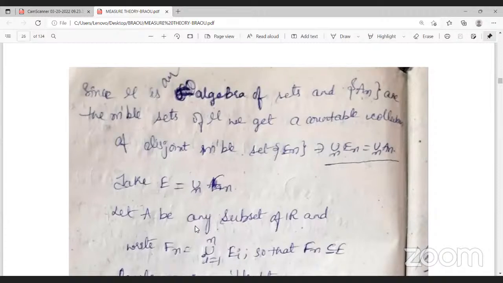Finite means M of E1 is less than infinity, that is, the measure of especially the E1 set is finite. Are you writing? Yes, sir. Just write it roughly, prepare it later. Okay?